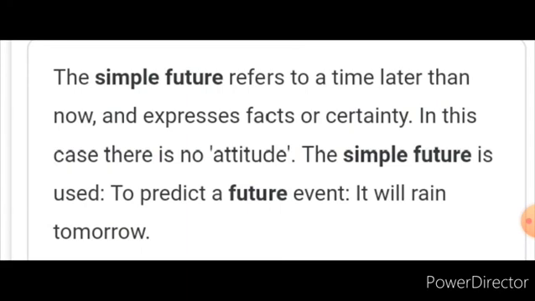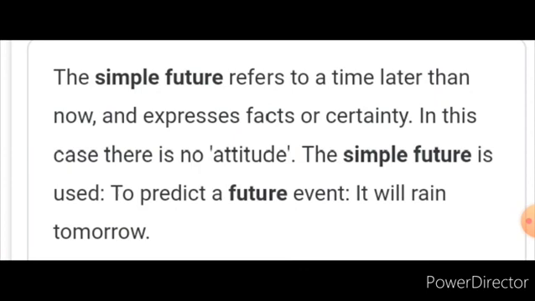Listen, children. The simple future refers to a time later than now and expresses facts or certainty. That is, the simple future tense is used to refer to a plan for future action. It is not present now, it has not happened, it is not completed, it is going to start.